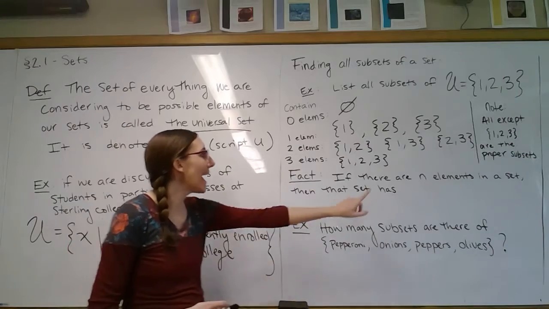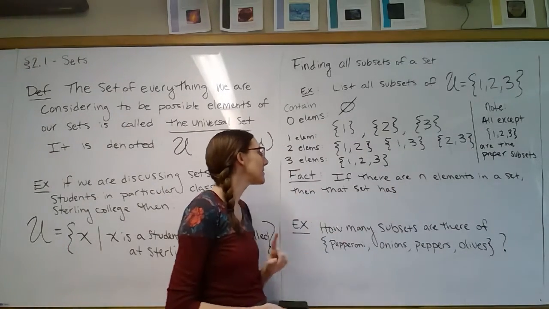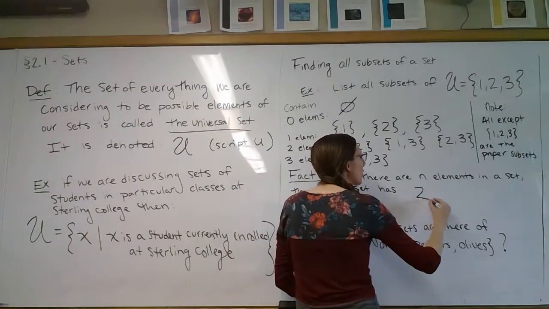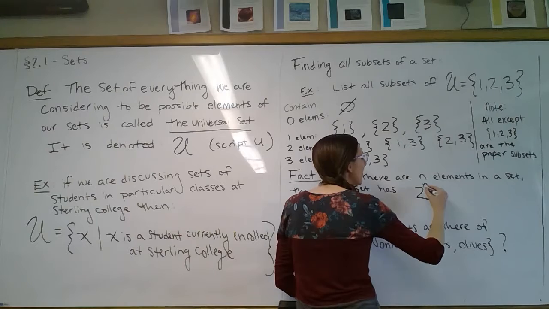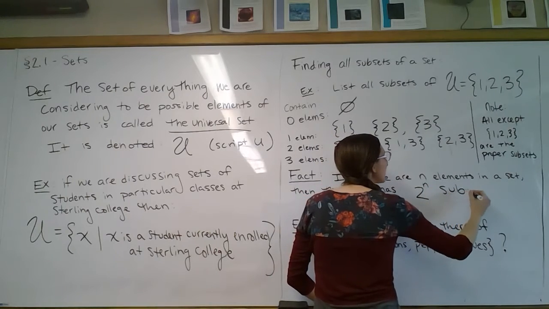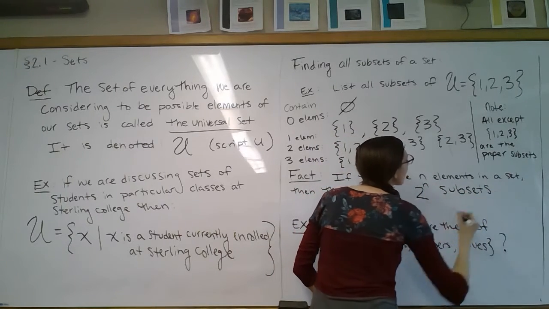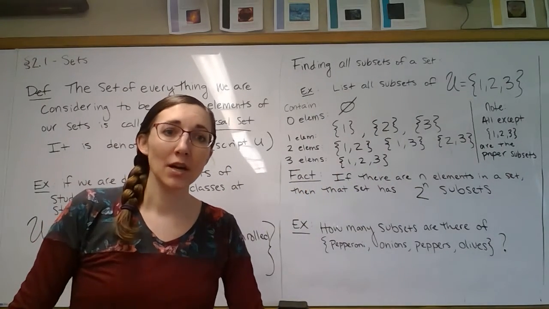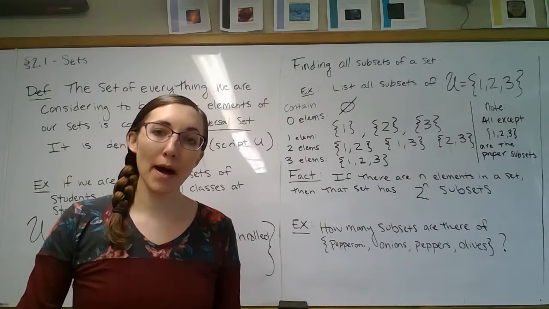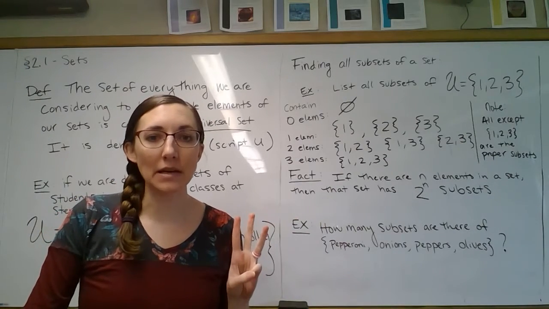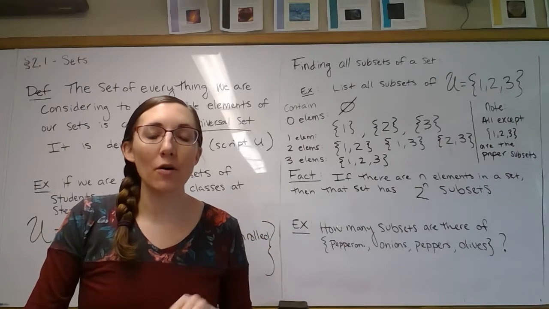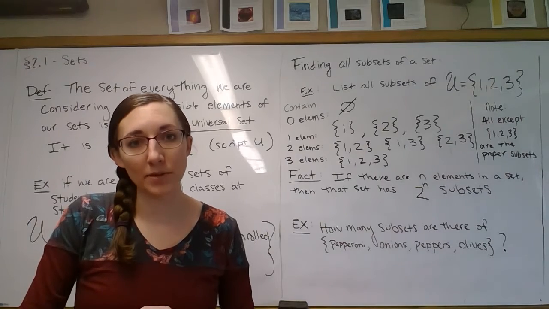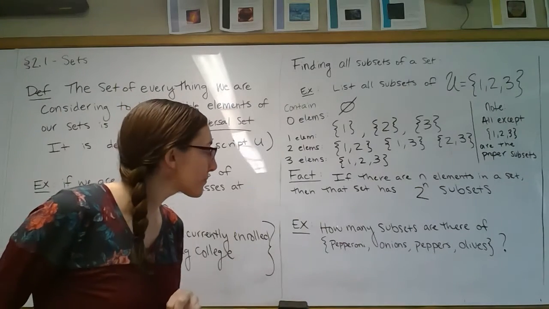So if there are n elements in a set, then that set has 2 raised to the power of n subsets. 2 to the power of n, so that's an exponent. That makes sense. In our example up above, n was 3, and 2 to the power of 3 is 8. So we did find 8 subsets. So we found them all.